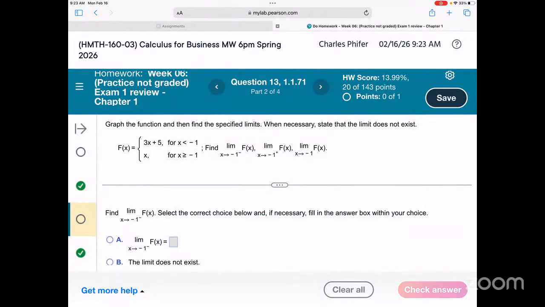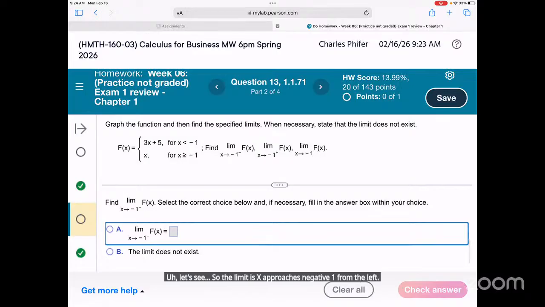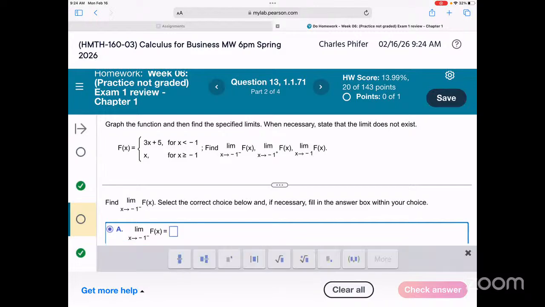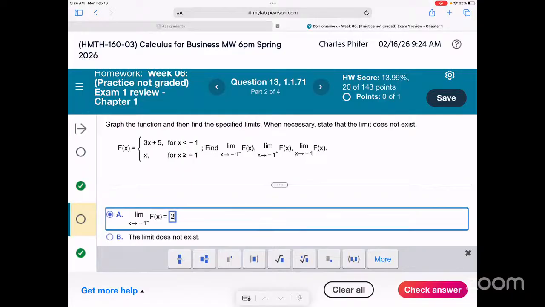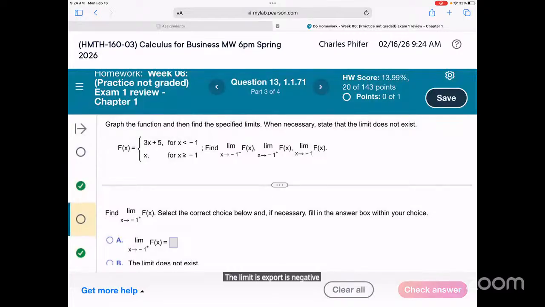Let's see. So the limit as x approaches negative 1 from the left. So if we plug negative 1 into equation 1, that's going to give us 2. The limit as x approaches negative 1 from the right.